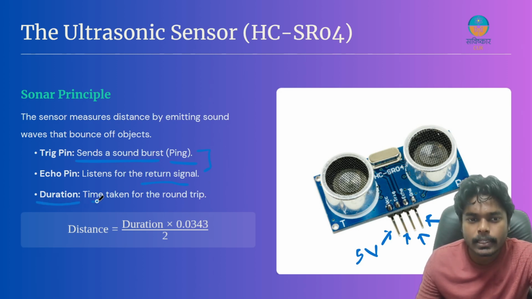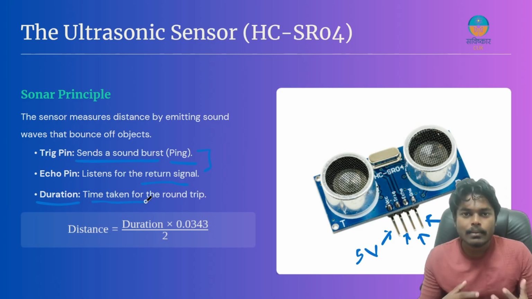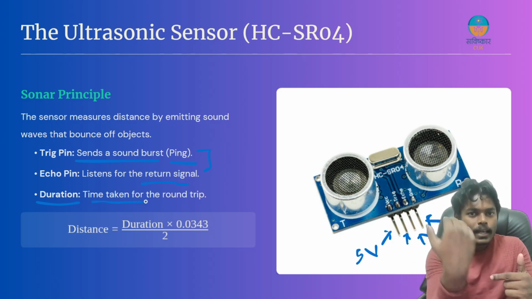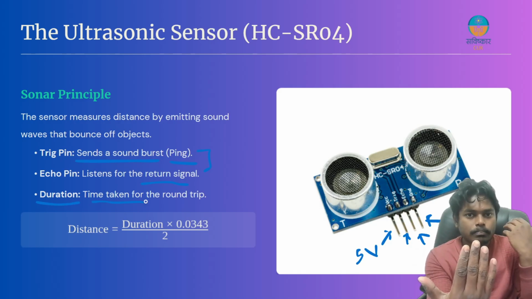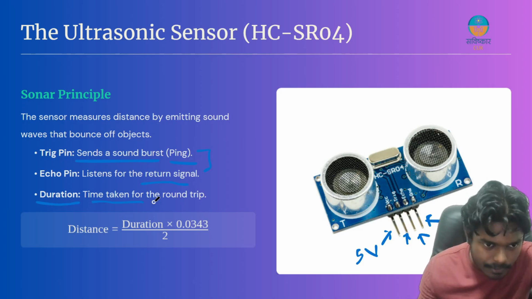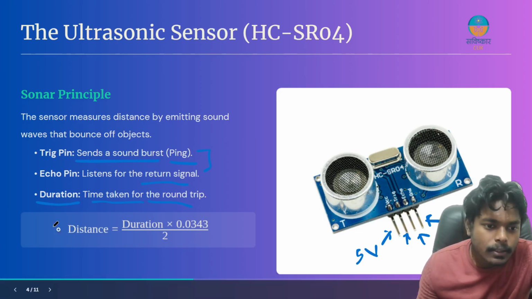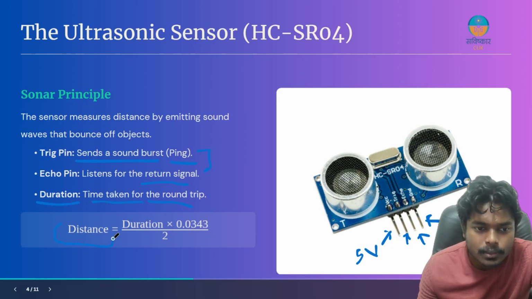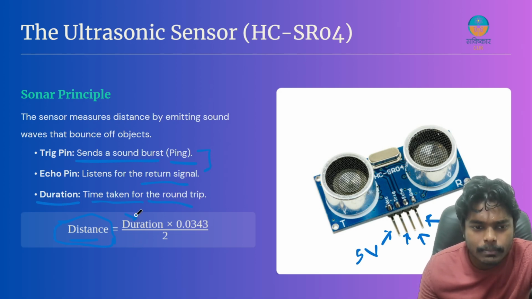Okay, so it's the time taken for the round trip, the time taken to emit and then bounce back from the object and return to the sensor, right? And to calculate the distance, we require this formula. Okay, so in this formula you can see that if you want to find the distance, the formula is duration multiplied by 0.0343 divided by 2.